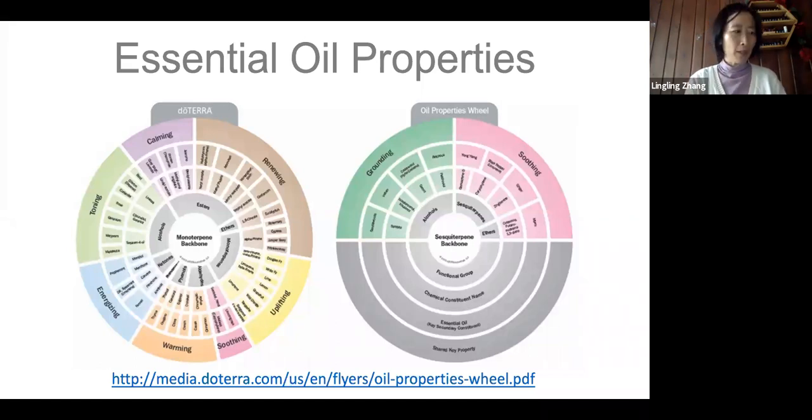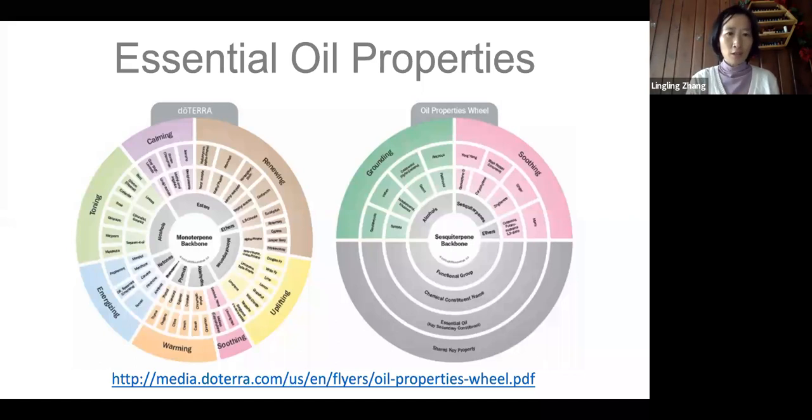Okay, remember that. So this wheel categorizes the essential oils by main constituent. Sometimes one oil contains more than one main constituent, and sometimes it's just one, like lemon.